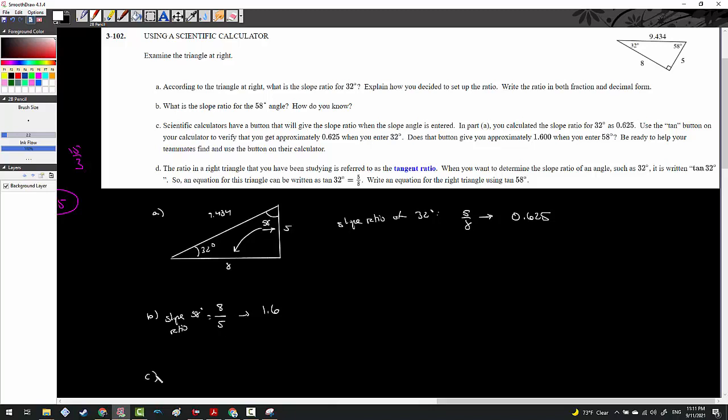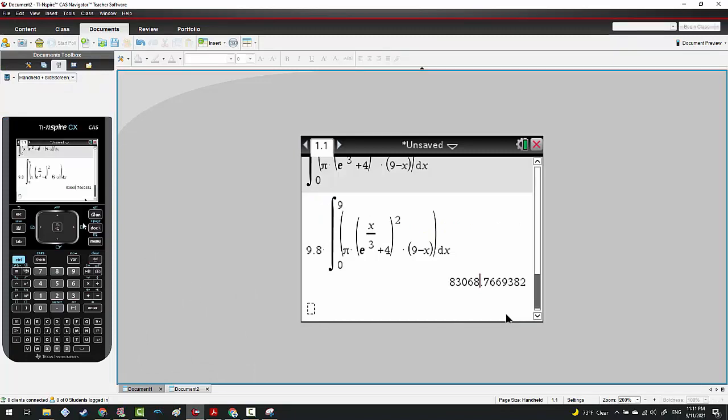In part C, they're saying scientific calculators have a button that will give the slope ratio when the slope angle is entered. In part A, you calculated the slope ratio for 32 degrees to be 0.625. Use the tan button on your calculator to verify that you get approximately 0.625. So let's do that with this graphing calculator here.